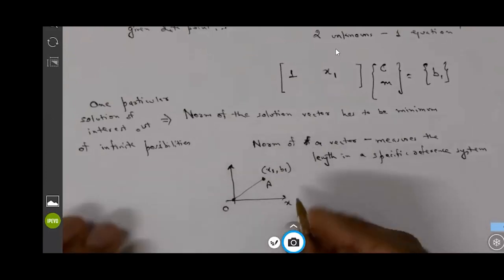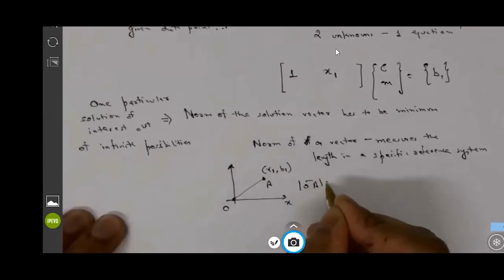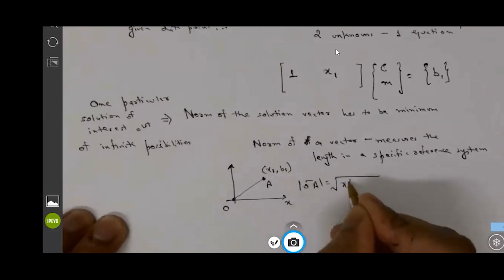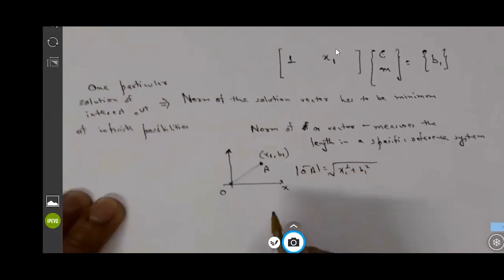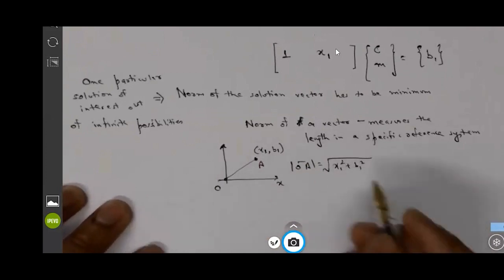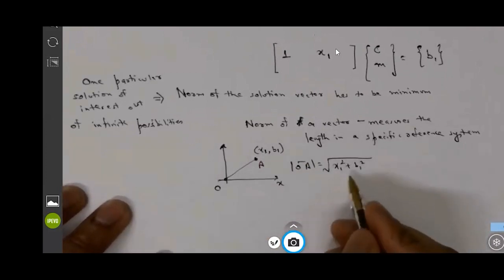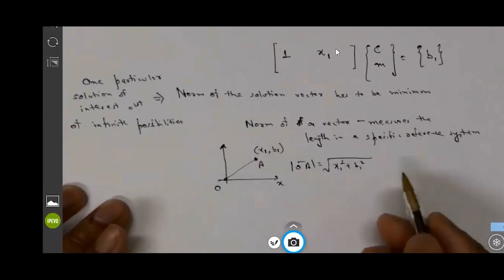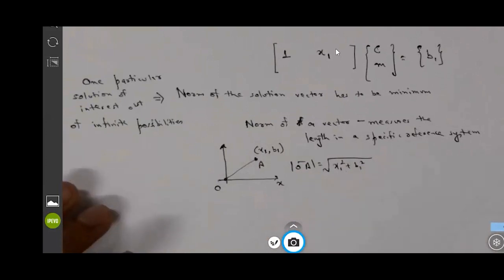Is it the square root of x1 squared plus b1 squared? Yes. Perfect. Now, if I have 3 dimensions, what will be the norm? It will be the square root of x1 squared plus b1 squared plus z1 squared, isn't it?